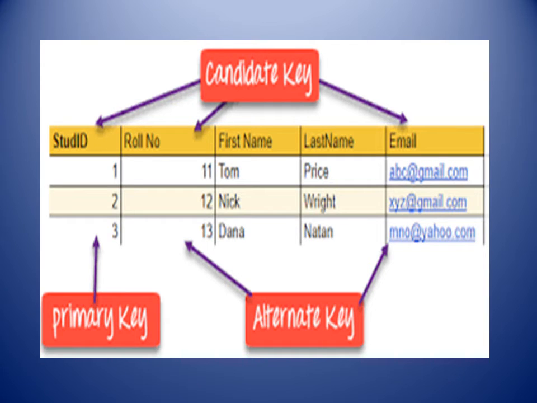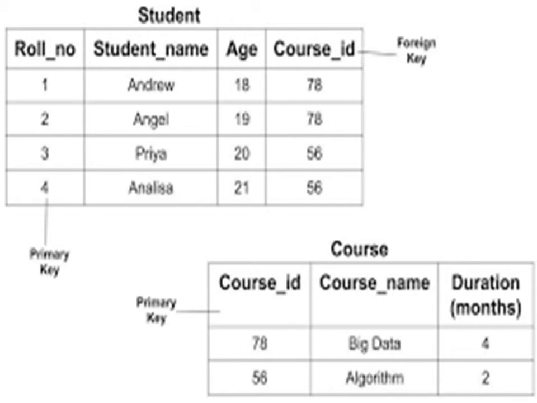Now, in the next example, which is in front of you, you are able to see two tables. One is student and another is course. If you observe carefully, course ID is the common field. In one of the table, it is the primary key, and in another table, it is the foreign key.